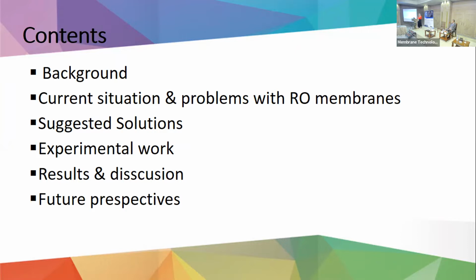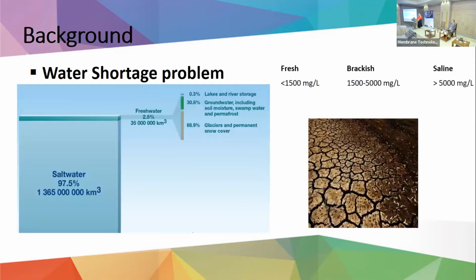In this slide, we will have a quick background on the water crisis in Egypt, the current situation dealing with our RO membrane, the suggested solutions, some of our experimental work, the results and discussion, and our future perspectives.